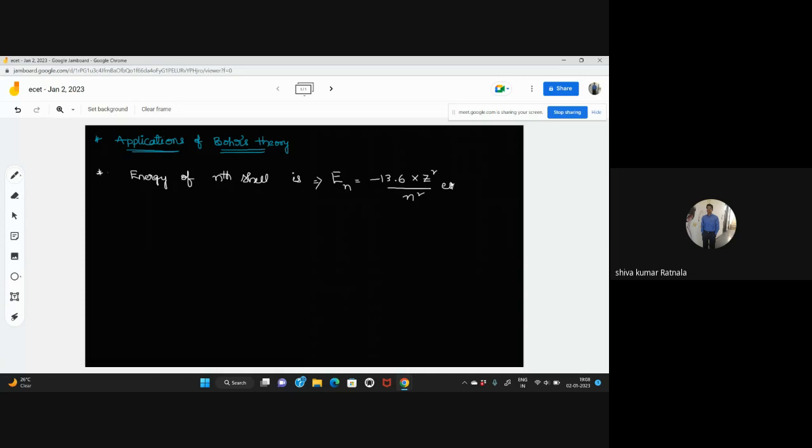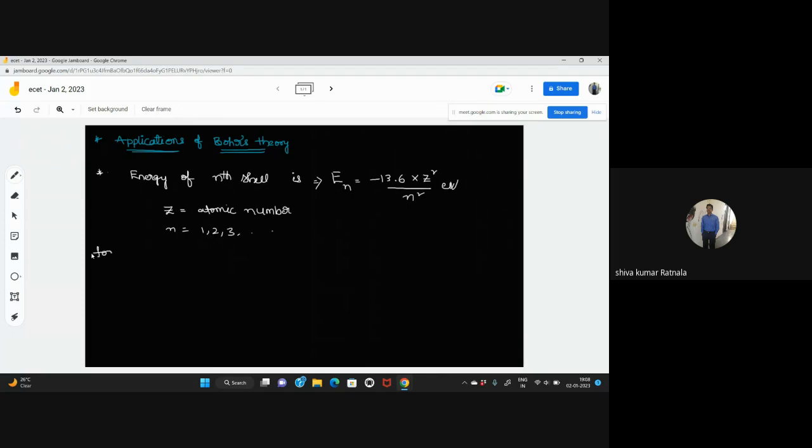Okay. eV means electron volt. Here Z is the atomic number of the atom, and n is the number of the shell, to which shell it is. First shell, second shell, so n value will be 1, 2, 3 like that.